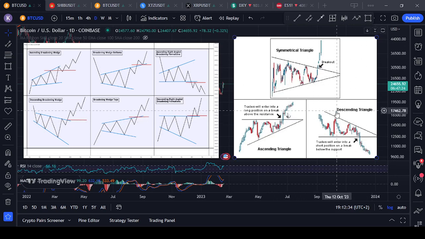With a descending triangle, the price is always forming lower highs as it comes from a higher price action, and our support is at a certain price. So it's a continuation of a downtrend and has a higher probability of breaking to the downside. So this would be the symmetrical triangles. Ascending, descending, and symmetrical. Those triangles are very important.